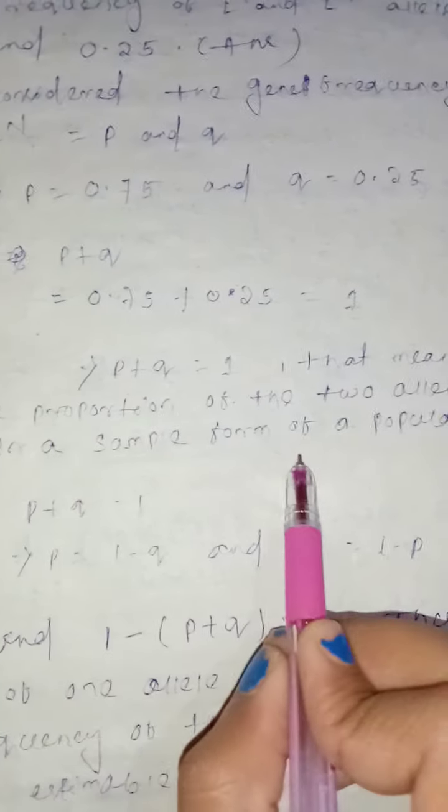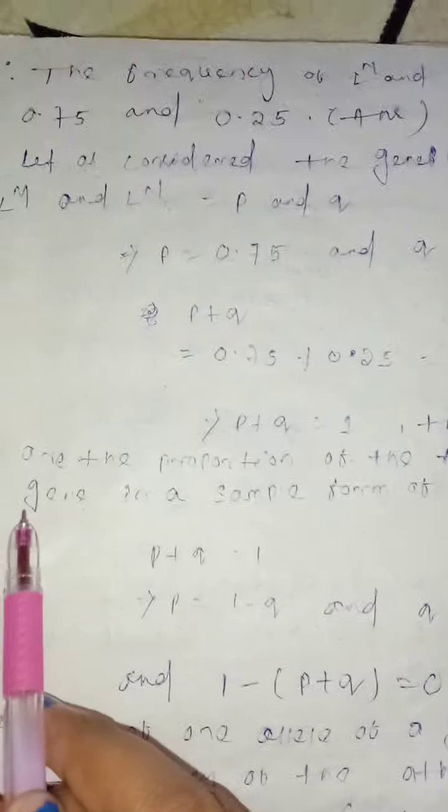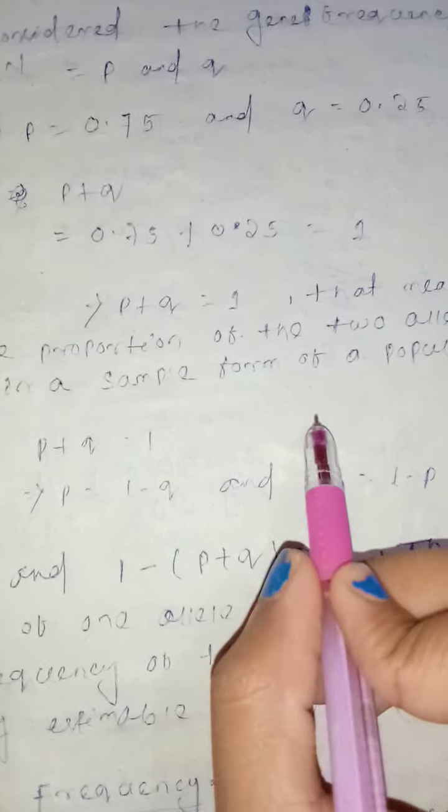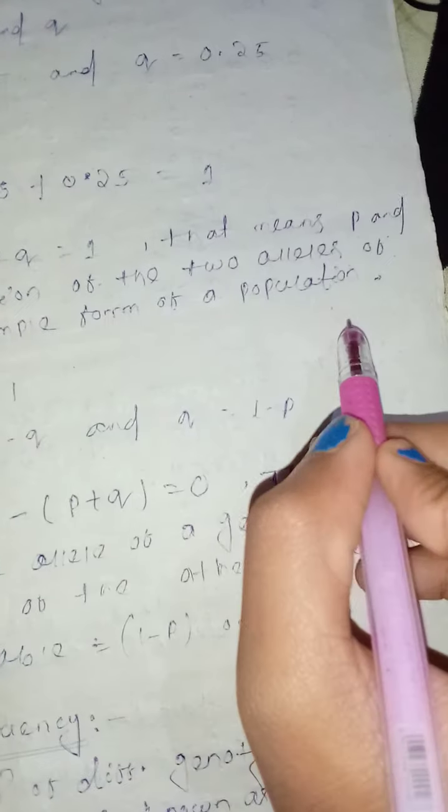That means P and Q are the proportion of the two alleles of a gene in a sample from a population.